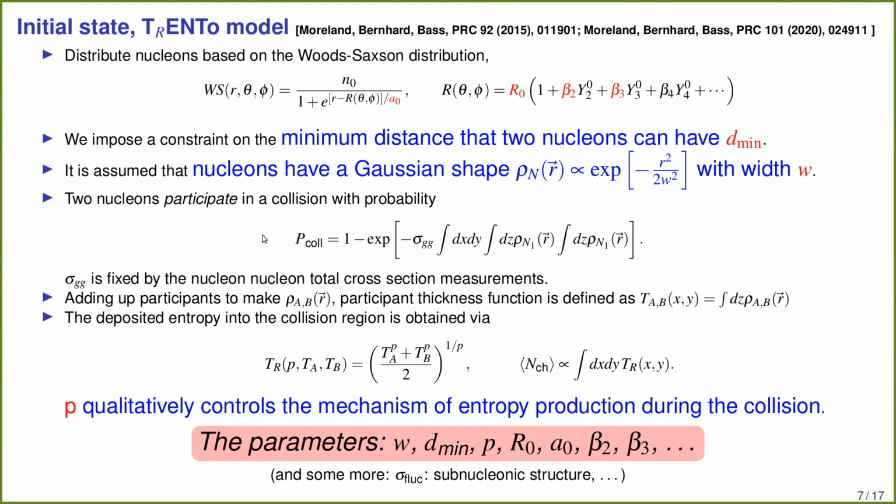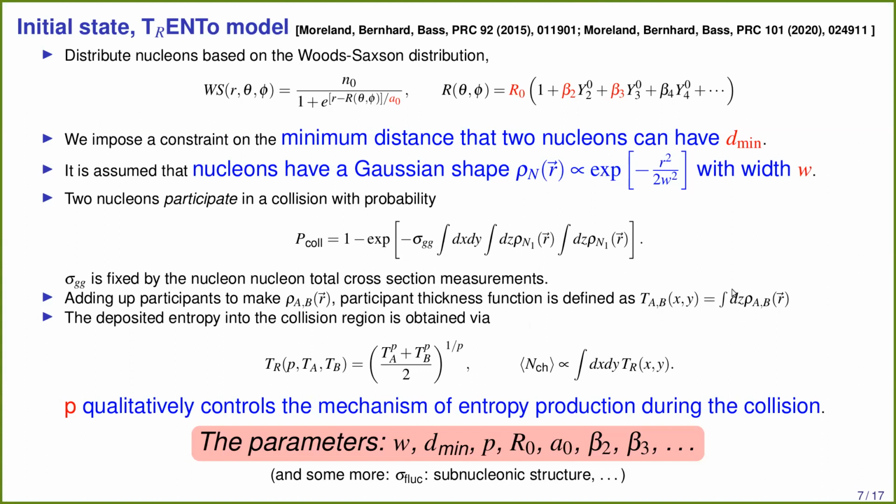After that, you find which nucleons actually participated in the collision, then you can add them up with some weight that I'm not going to explain, and produce this rho, which is the density of the participants. Because of Lorentz contraction, most of the time we are not interested in the z direction. We just integrate over it and get this thickness function. So we found our participants.